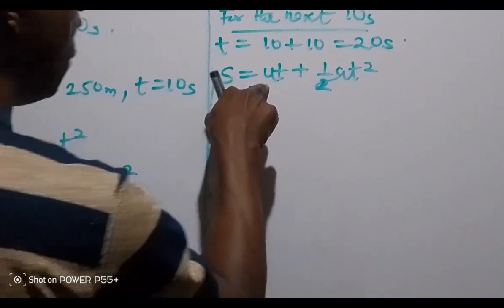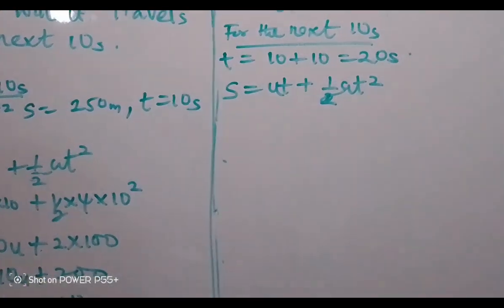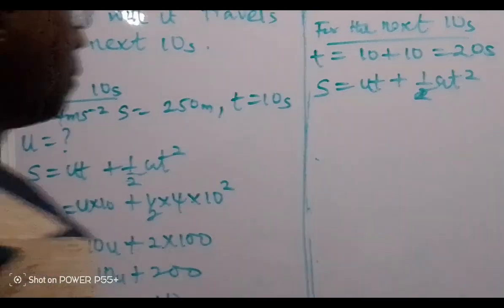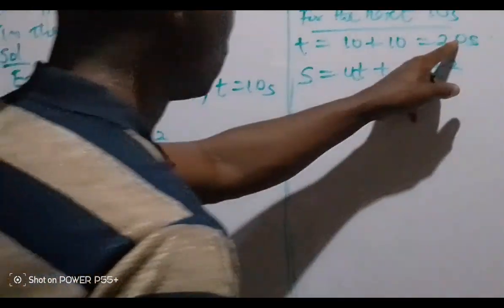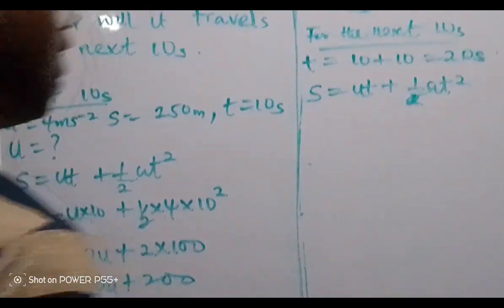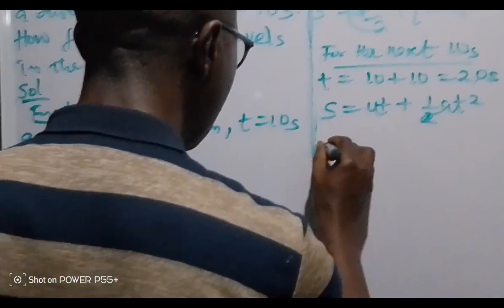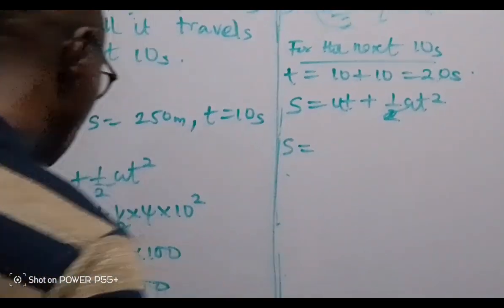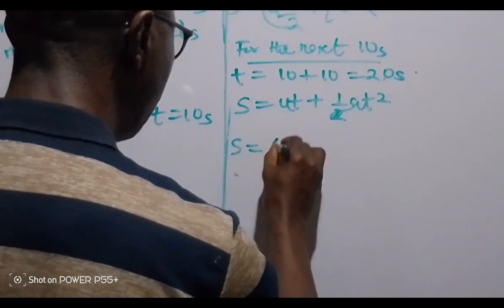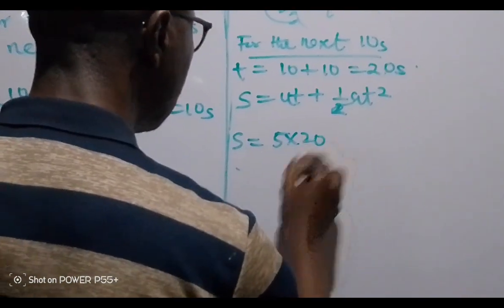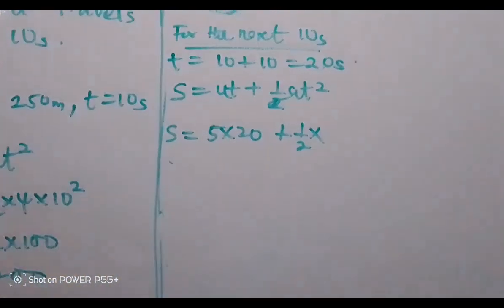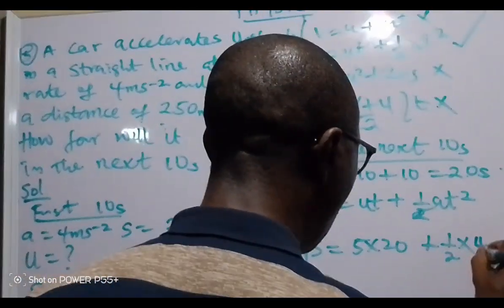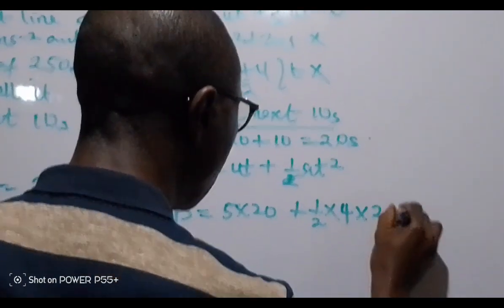Mind you, our u is now 20. Our u we calculated is 5. Total time taken is 20. So that one will now give us s is equal to 5 multiplied by 20 plus half into, uniformly accelerated, the acceleration is the same, so 4 multiplied by 20 squared.